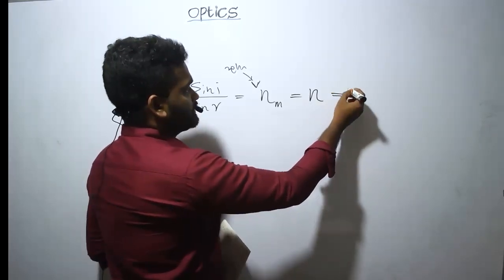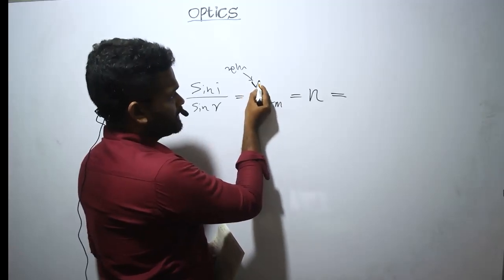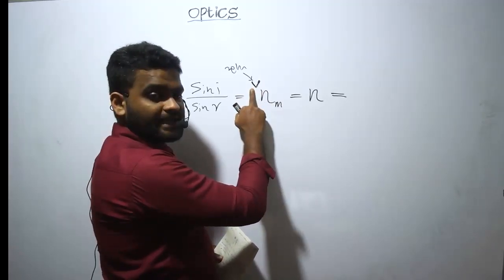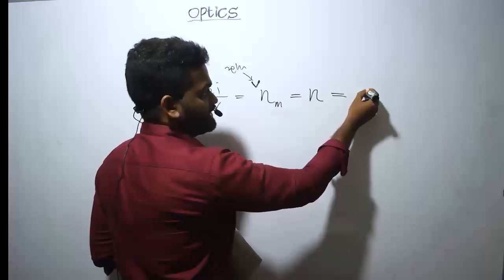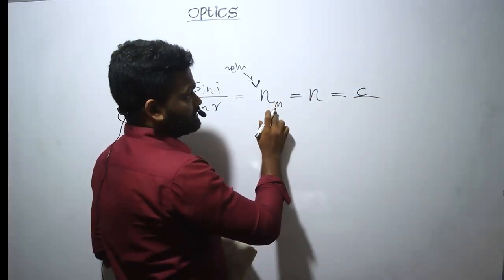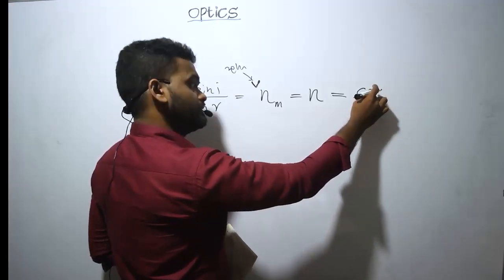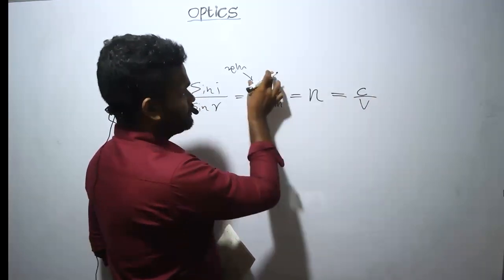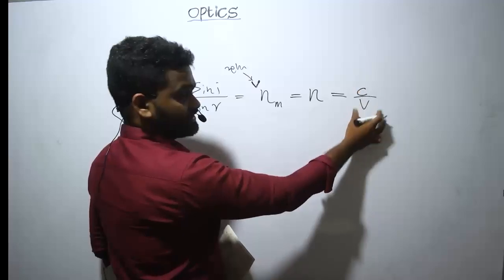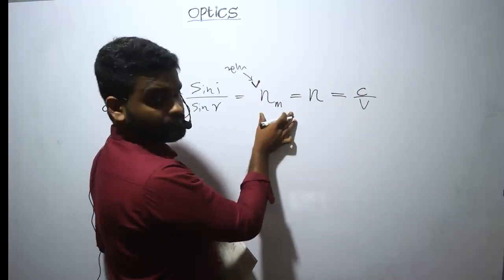So we know that in the vacuum, speed of light we denote that as c, simple c. That is 3 times 10 to the power 8. Then in the medium, let's say velocity is v. This is in the vacuum, this is in the medium. Numerator, denominator, v, m, up, down.